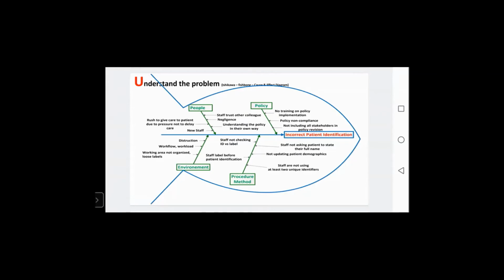From policy, people, environment, procedures, I know it's complex factors, but what is the highest dangerous factor? Mostly it is staff engagement. They need to know, the awareness, staff awareness. So staff awareness is related to people, right? People, yes. Understanding the policy.